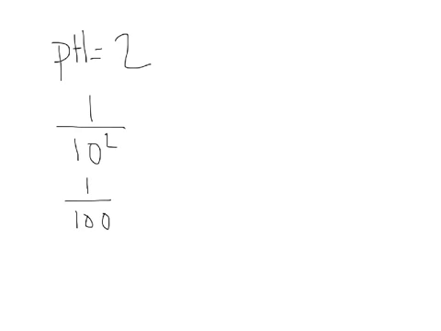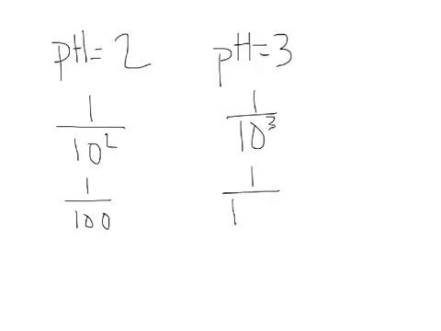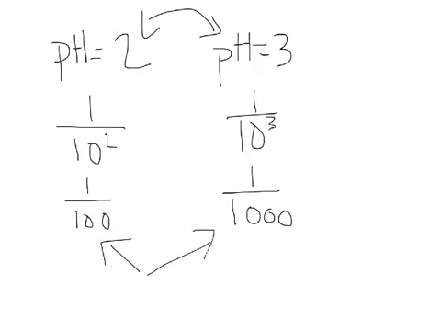If I have a pH of 3, that means 1 out of every 10 to the third water molecules will break up into its ions. In other words, 1 out of every 1,000 water molecules will dissociate into its ions. So you can see when I change the pH just once, a pH of 2 has 10 times more hydrogen ions than a pH of 3.